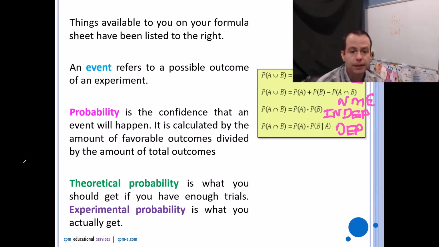Theoretical probability is what you should get, and experimental probability is what you actually get when you run an experiment. They're often not the same because probability involves chance, right? If I flip a coin 10 times, there is a possibility that I would get 10 heads right in a row.